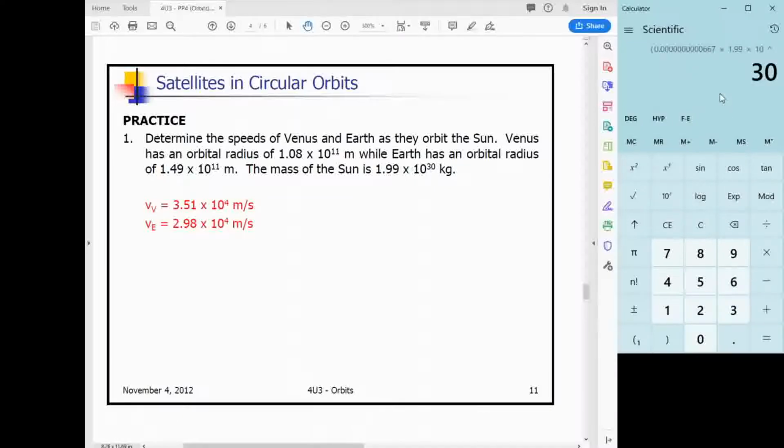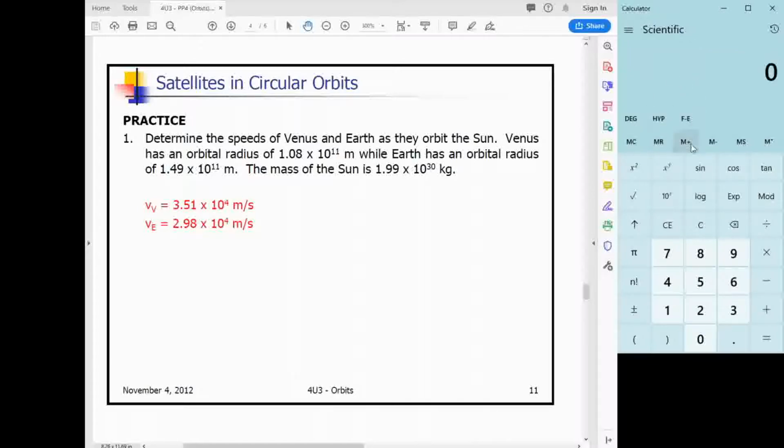And then I have to divide this by the radius on which it orbits. So dividing by that orbital radius, for Venus it's 1.08 times 10 to the power of 11. I can close the bracket and find the square root. I can raise this to the power of 0.5. So I end up with 35,000, and again written as scientific notation, that's 3.51, we have 3 significant digits, times 10 to the power of 4.